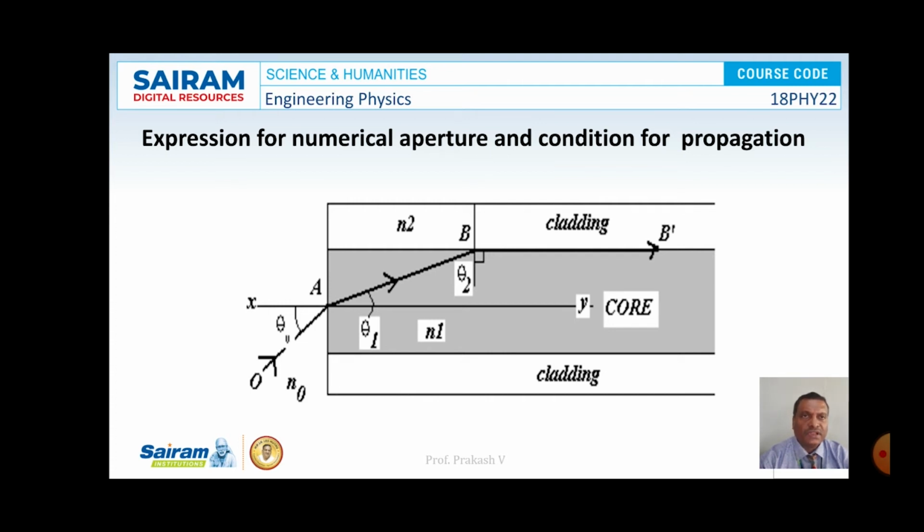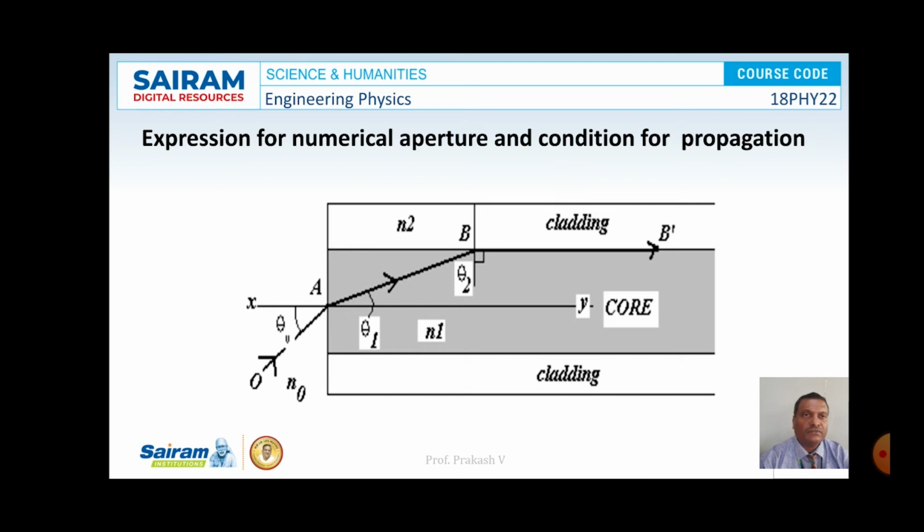Further, the ray AO entering the optical fiber travels along AB and falls at B at an angle, say theta 2. For this angle of incidence at B, it just grazes the boundary which separates the two media, that is, it travels along BB dash.